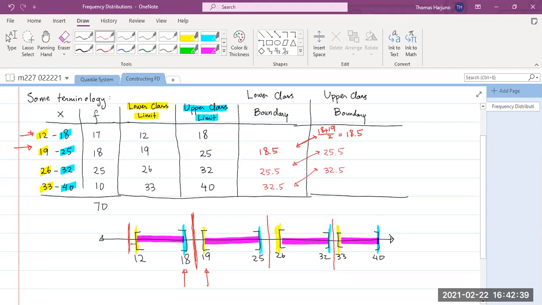How far do you go lower from that 12? The answer is, however far you extend to the right, that's how far you extend to the left also. This one here is 18.5, right? From 18 to 18.5, you extend 0.5. So you extend 0.5 to the left also, that's 11.5.